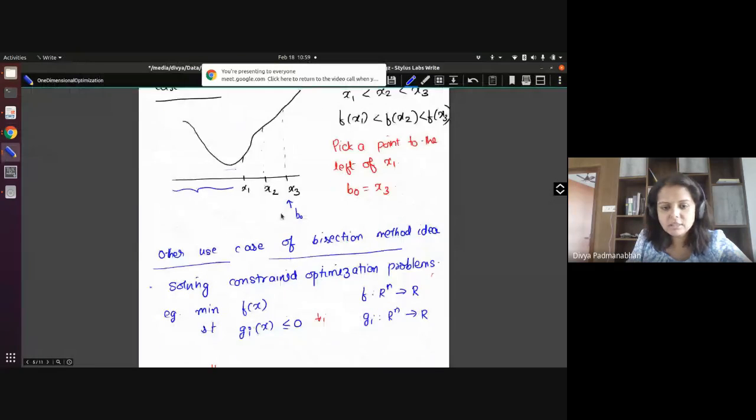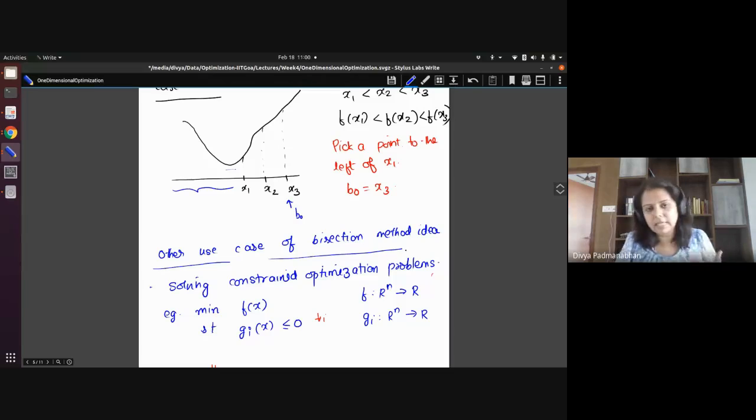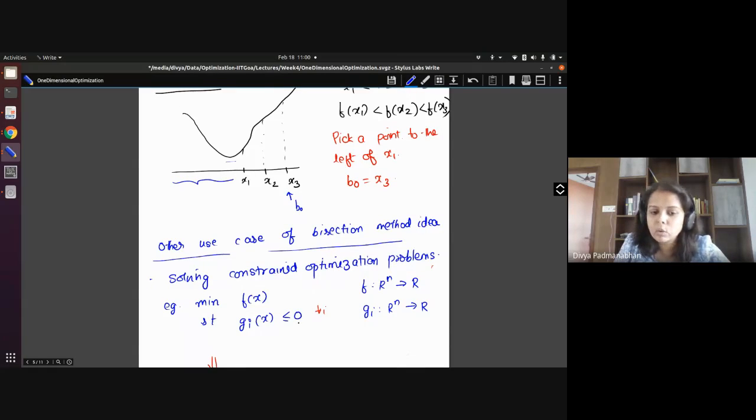Now, another use of this bisection method, this idea of searching for these regions, is that it also helps in solving constraint optimization problems. Remember, in the initial classes I talked about constraint optimization, where you have a function you want to optimize subject to some other functions g_i(x) taking a value less than or equal to 0. You can use the bisection method to get iterative techniques for solving these problems, even for the multivariate case where you have an n-dimensional function.